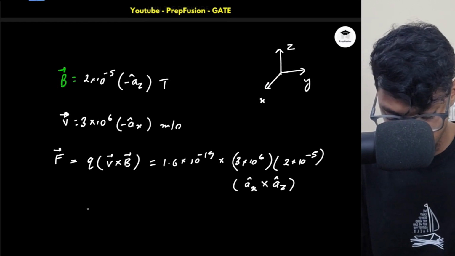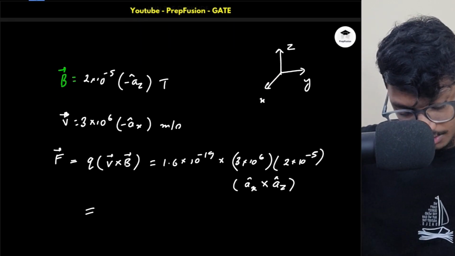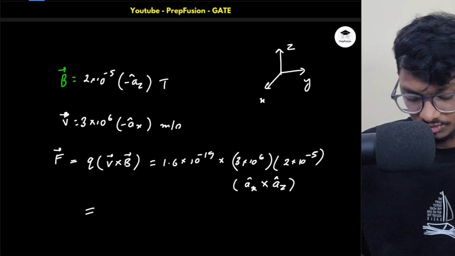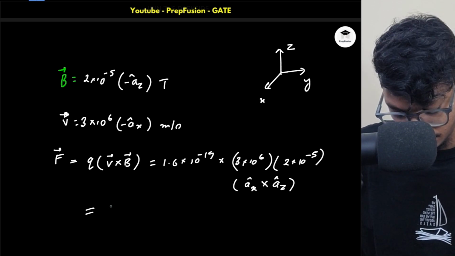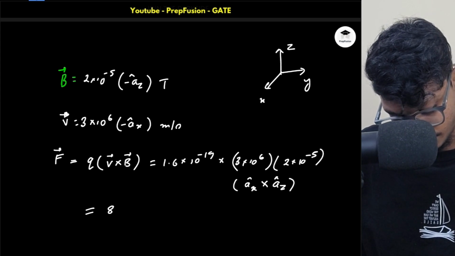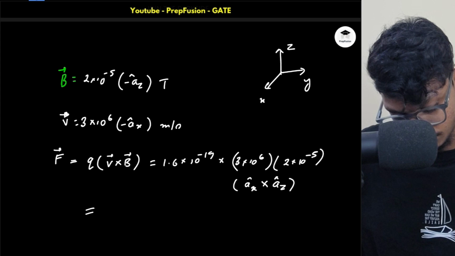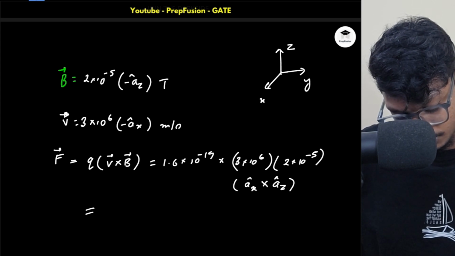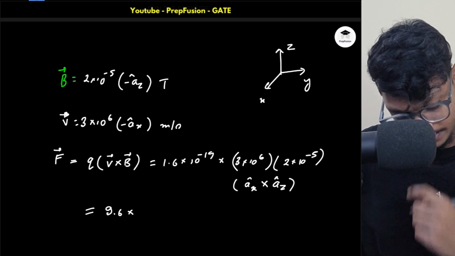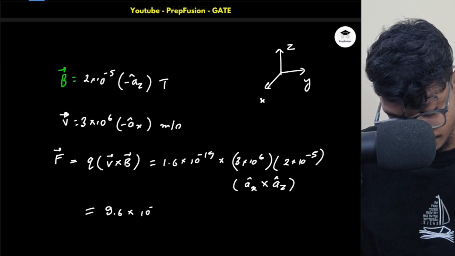So this comes out to be 3 into 2, which is 6, into 1.6, which is 9.6, into 10 raised to power minus 18.